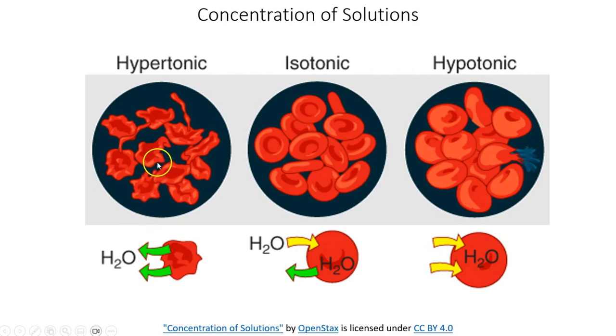All right, and if this keeps going, these cells will eventually die because they just collapse in on themselves and there's just no space for anything and there's not enough water around.